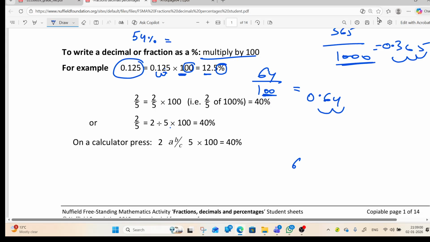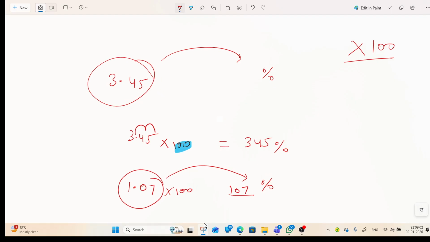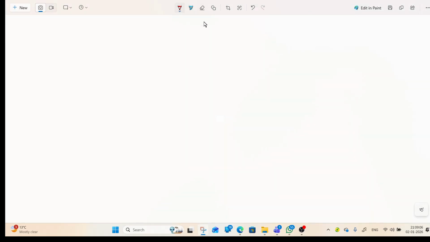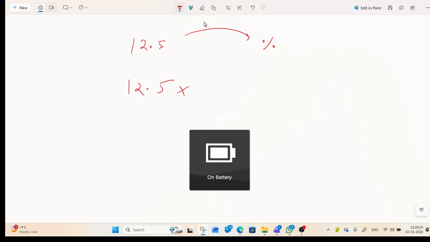Next, let me give you another one. Suppose you have 12.5. This is the decimal number, okay? And you have to convert it into percentage. So you multiply 12.5 with 100.